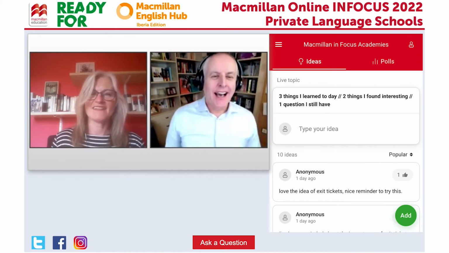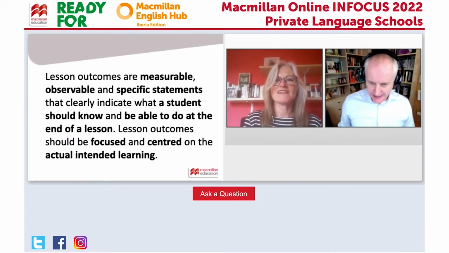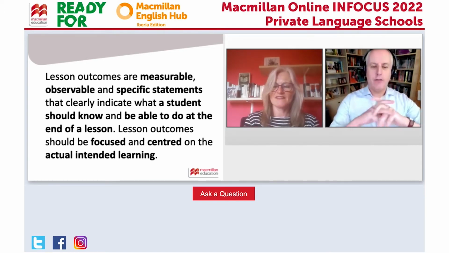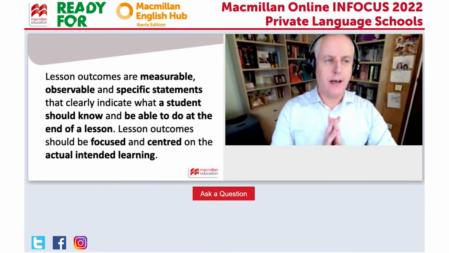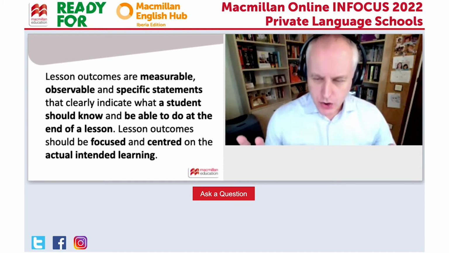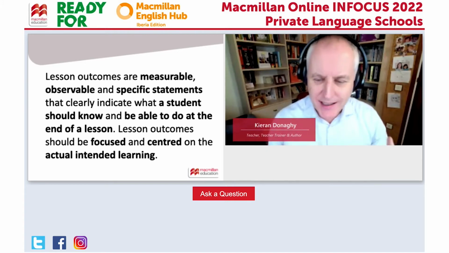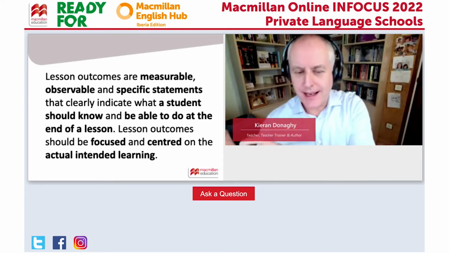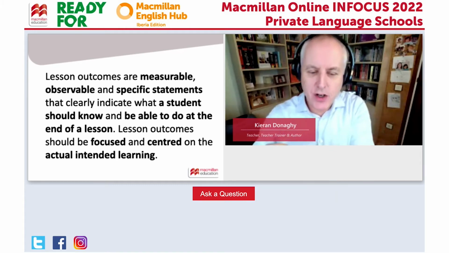That's fantastic. So what I'm going to do is give a definition. This is our working definition of lesson outcomes. I'll give you a moment to look at that. As you can see, the keywords are in bold there. Essentially, lesson outcomes are measurable, observable, and specific statements that indicate what a student should know and be able to do at the end of a lesson.